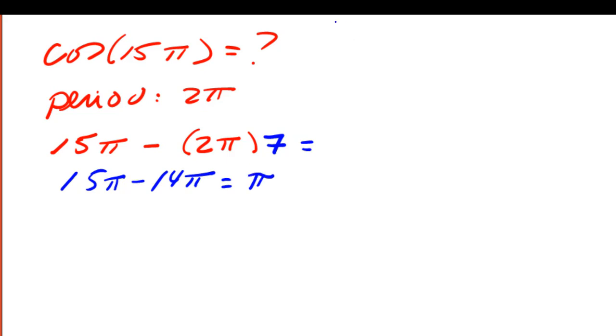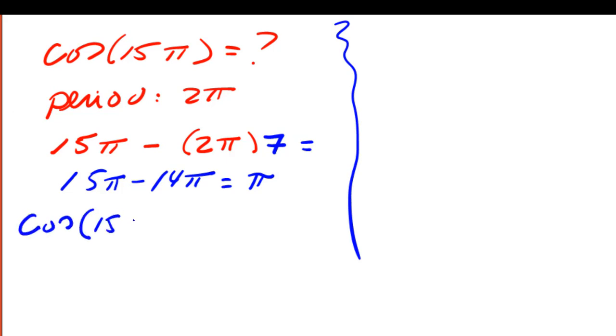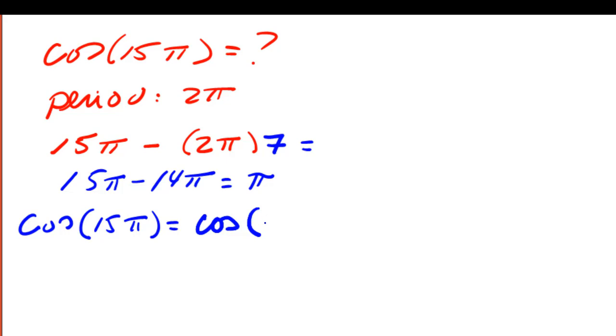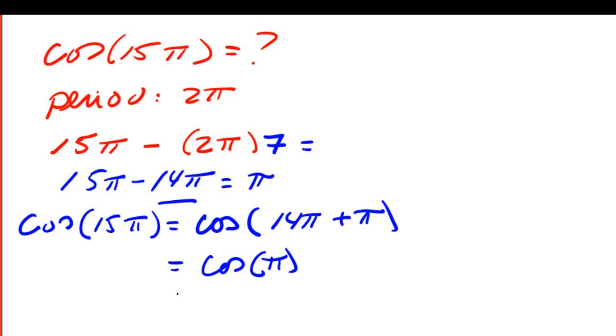And how does that help me? Now I can write the following. Cosine of 15 pi is equivalent to cosine of 14 pi plus pi. And of course, I know that 14 pi is just a multiple of 2 pi, so it really is going to be equal to cosine of pi, and cosine of pi is -1.